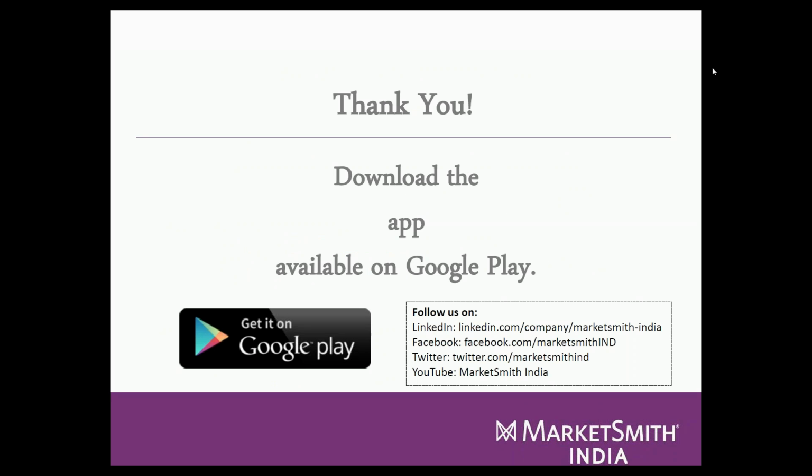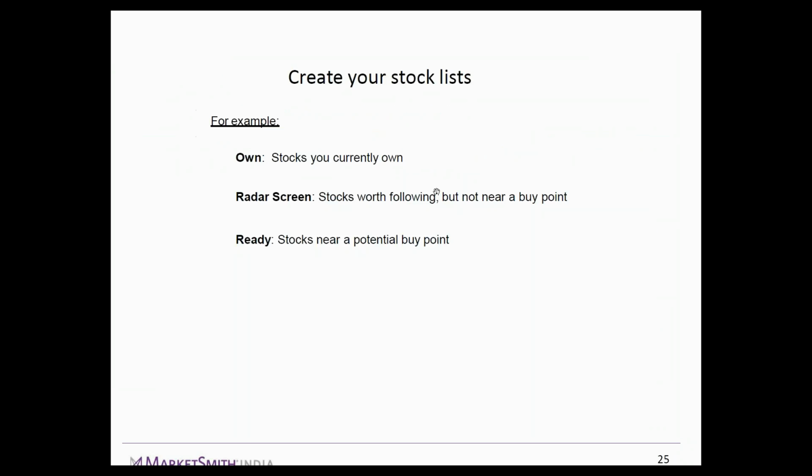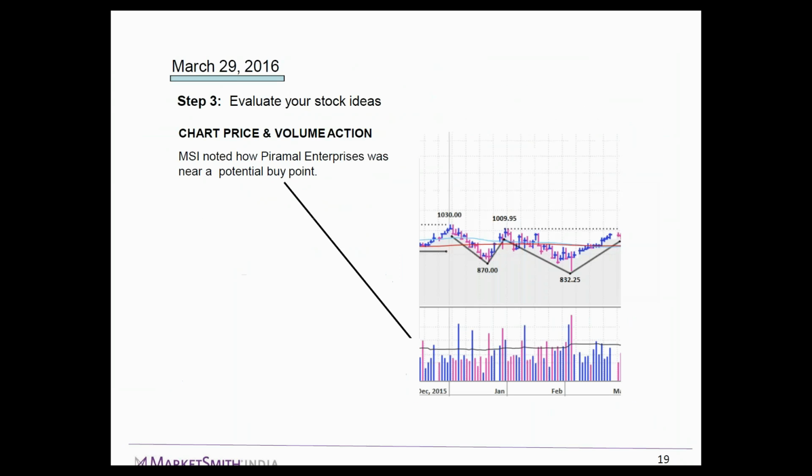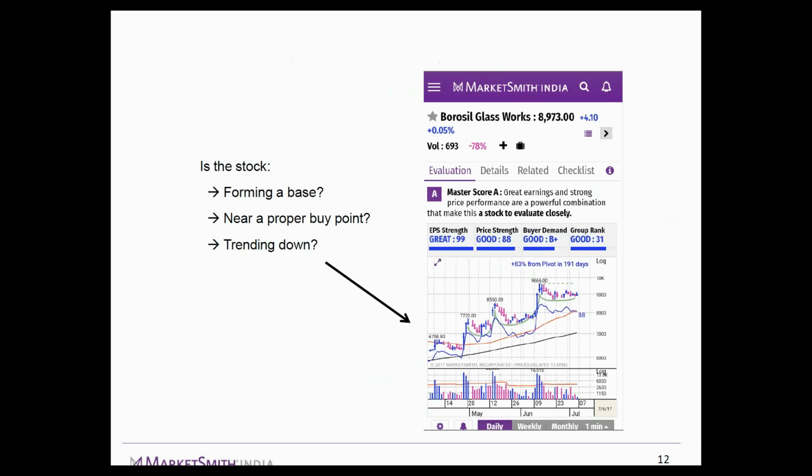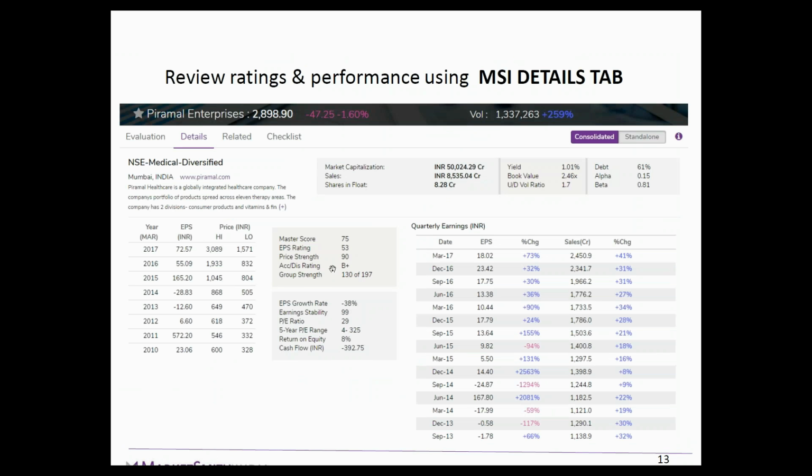The question says, where does one find top 40 to 50 industry groups in the MarketSmith app? If you go onto the details tab of the stock, for example Piramal, let me quickly go on to the slide where we've shown Piramal. Yeah, right, over here. If you can see, here the group strength is shown.